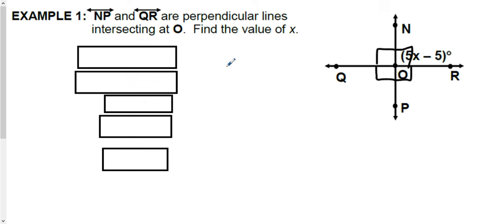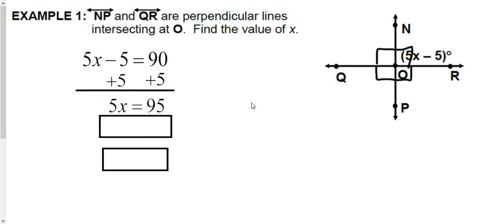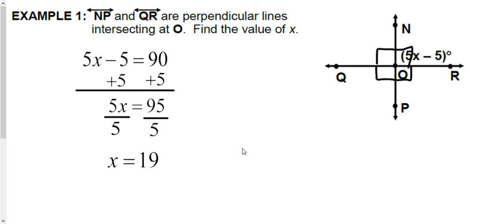So to solve for x, I can see that the measure of this angle equals 90 degrees, or 5x minus 5 equals 90. We'll go ahead and solve that. Get rid of that subtraction with addition. And last, divide by 5 and get x equals 19.